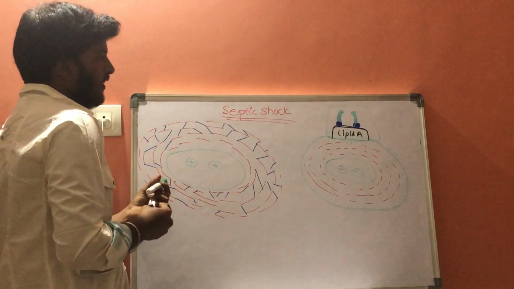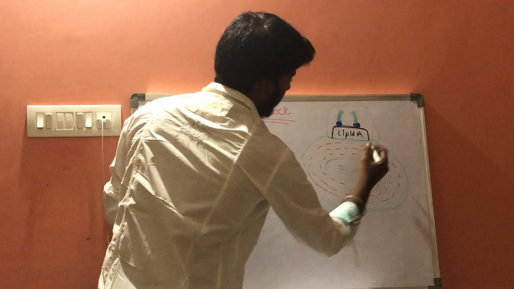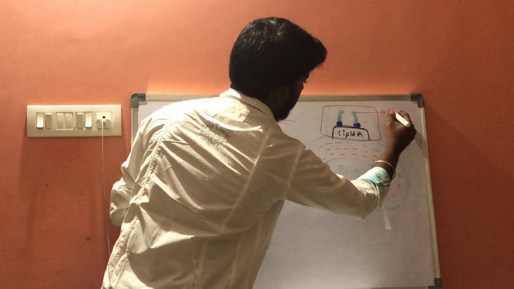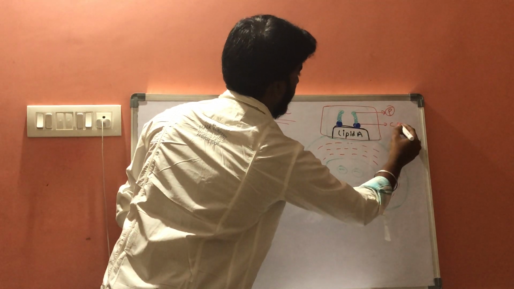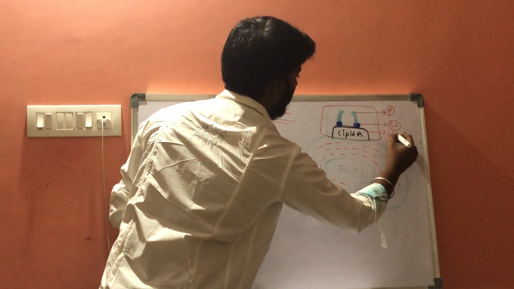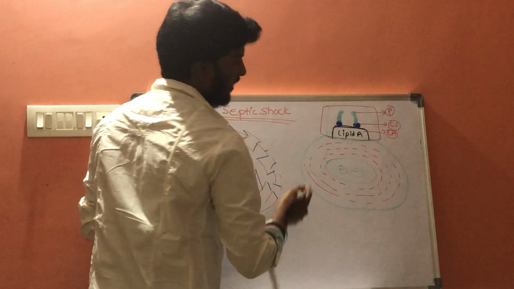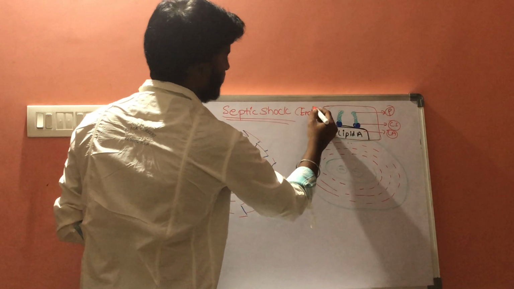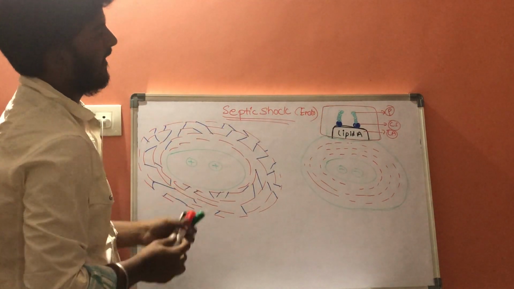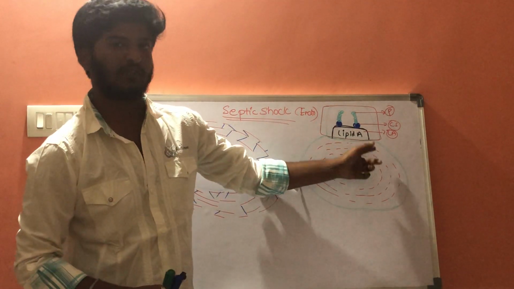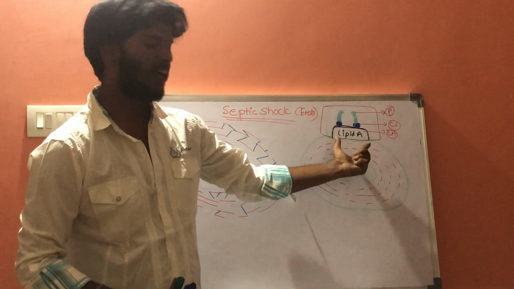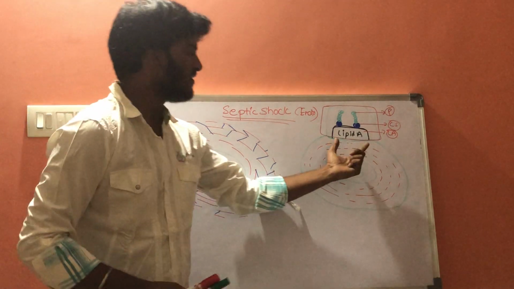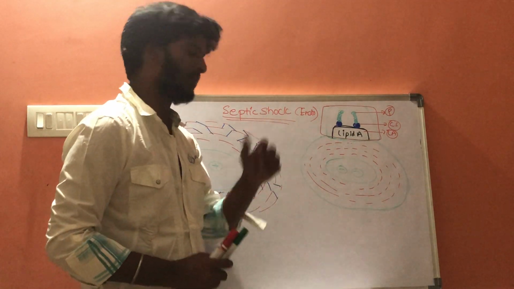Now, these three, that is phosphates, core sugars plus lipid A, this combination is called endotoxin. These endotoxins are a unique feature of gram-negative bacteria which is not present in gram-positive bacteria. These endotoxins cause septic shock.